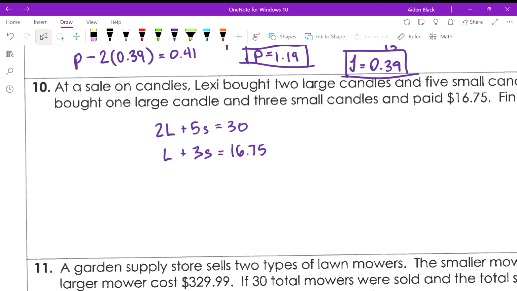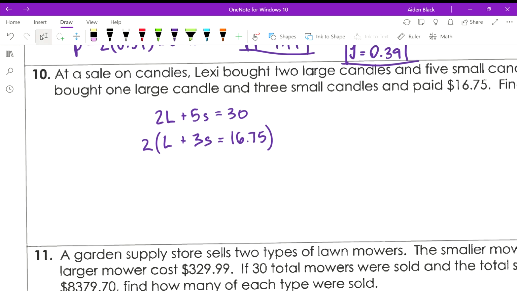Okay, so what's nice here is I can actually go straight to multiplying this second equation by 2 so that I'll have the same coefficient on our large candle. So this gives us 2L plus 6S equals 1675 times 2. It'd be 32 plus $1.50, so $33.50.